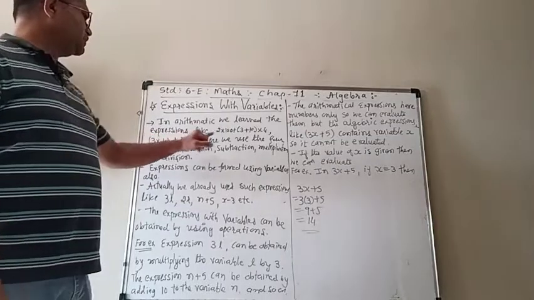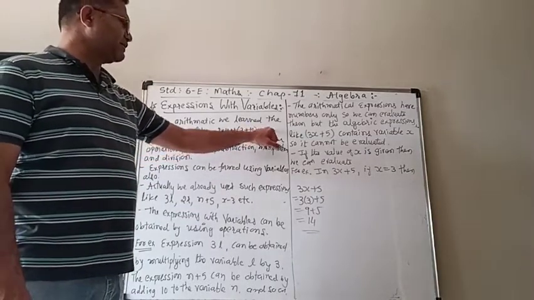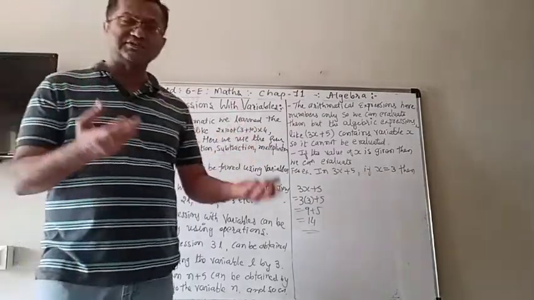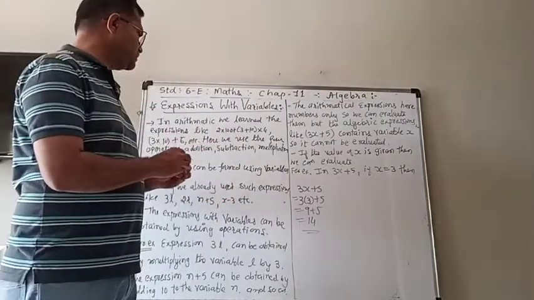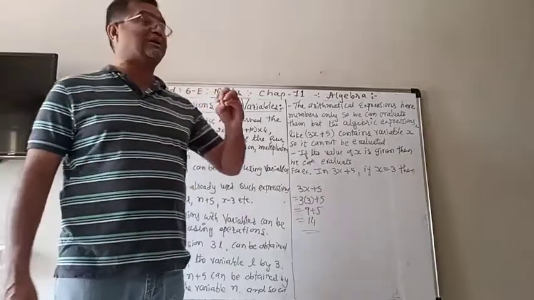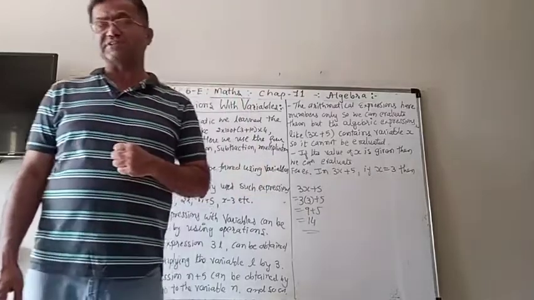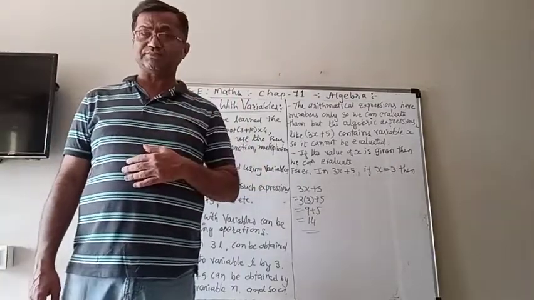For example, 2 multiplied by 100 plus 3, plus 10 multiplied by 4, 3 multiplied by 10 plus 5, you can have division also, etc. These are arithmetical expressions in which we didn't use any variables.